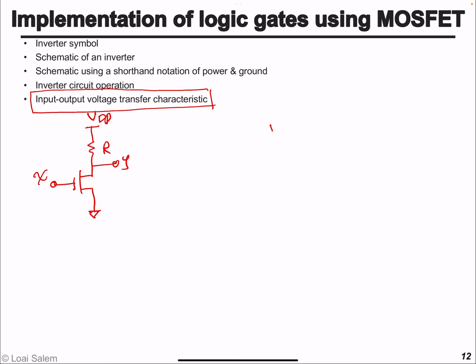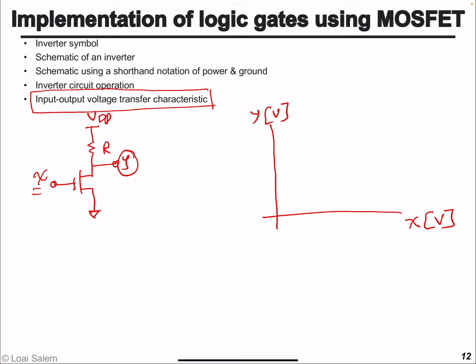For the voltage transfer characteristic, on the horizontal axis we're going to put the input X in volts. On the y-axis we're going to put the output of the inverter Y in volts.